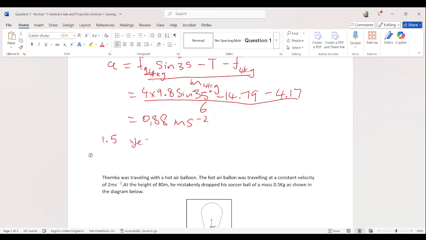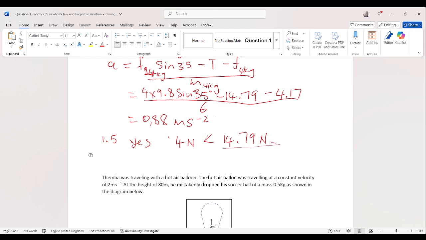Unfortunately, the string will break because 4 newtons is less than 14.79 newtons.